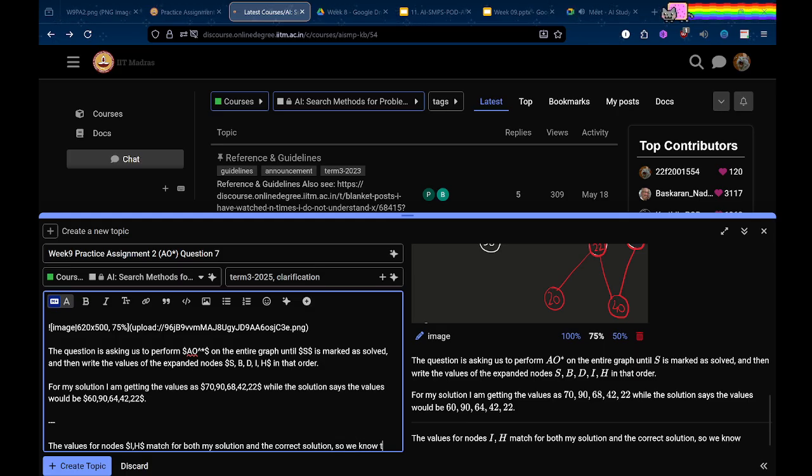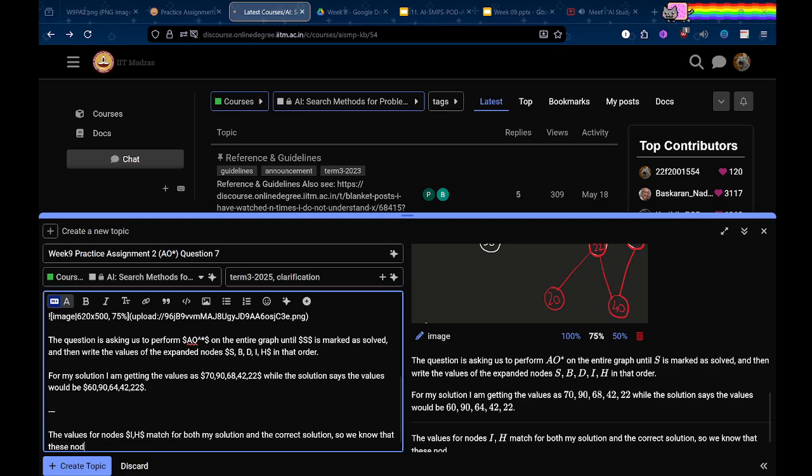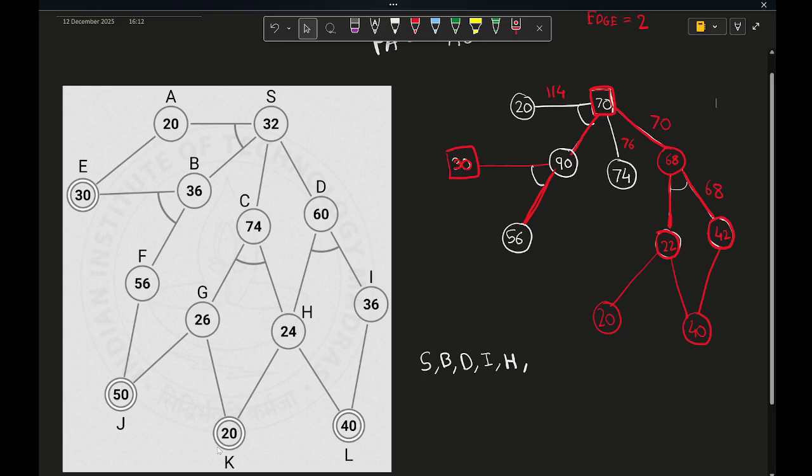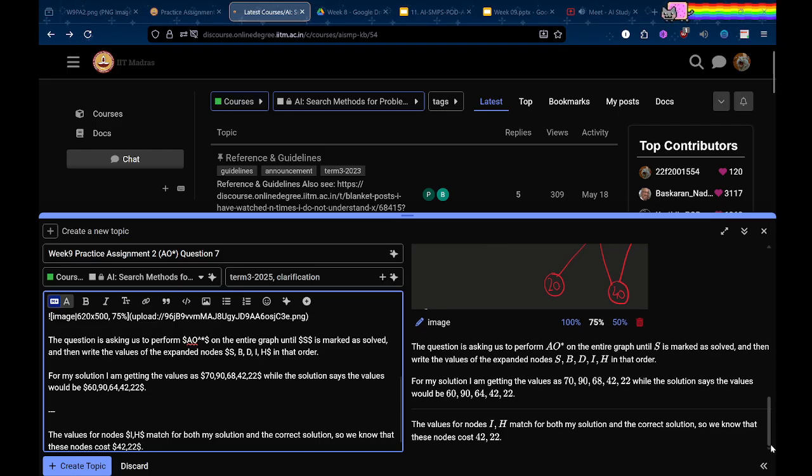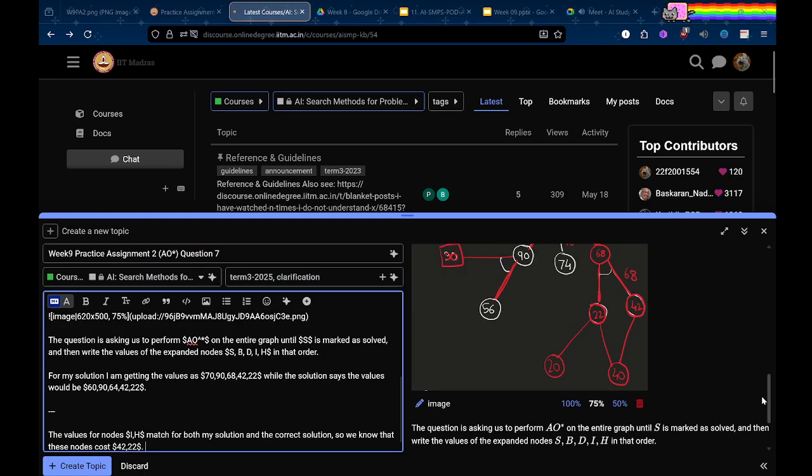So we know that these nodes cost 22 and 42. Which one is I? I is that one. No, 42, 22.